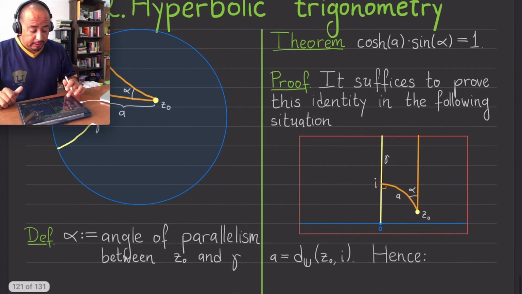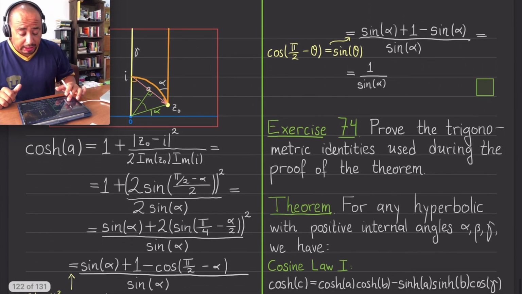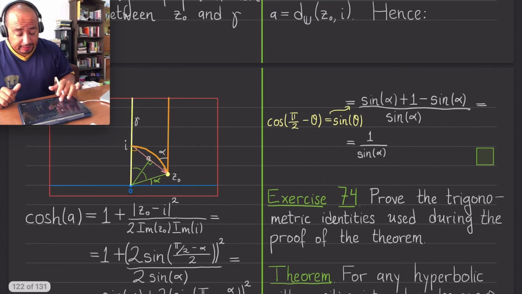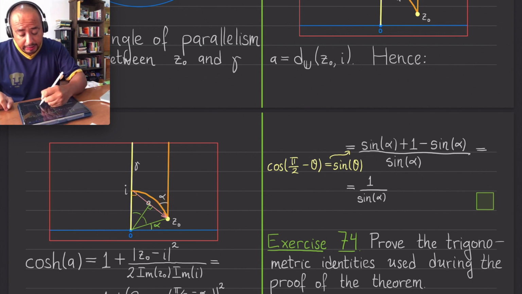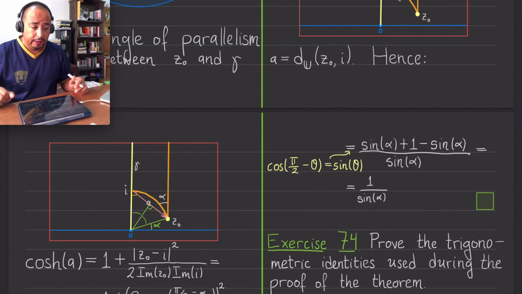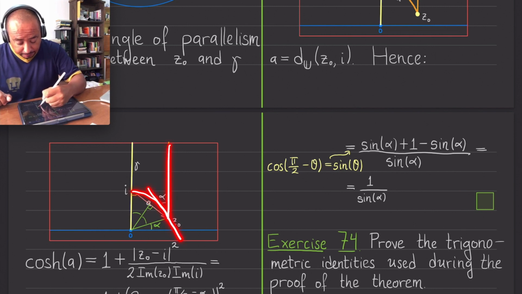Okay, so let's see. We had already seen in a previous class that this angle alpha, which is an angle between two curves in H, or in these models U and D of the hyperbolic plane, is measured by taking the angle between the tangent vectors of the curves at the point of intersection.